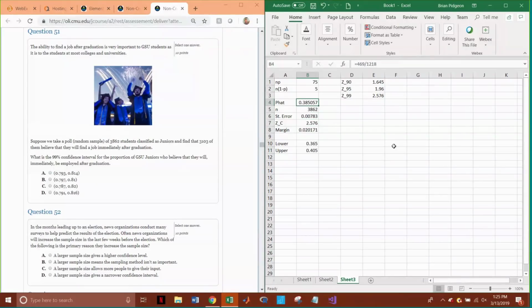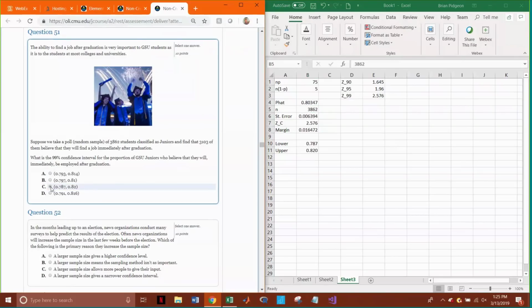And also, we have to change our p-hat to, in our random survey, 3,103 out of the 3,862. Changing those, Excel automatically updates it, but if you want to see how I did that before, go back to question 49. But we see immediately our confidence interval is answer choice C. So we are 99% confident that the true proportion of GSU juniors who believe that they will immediately be employed after graduation is between 0.787 and 0.82.